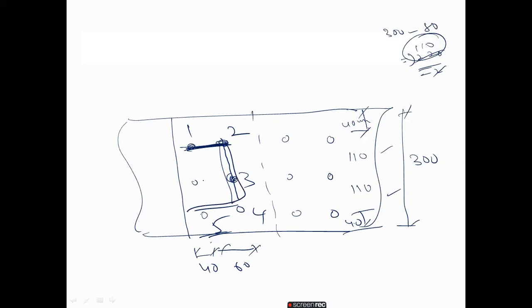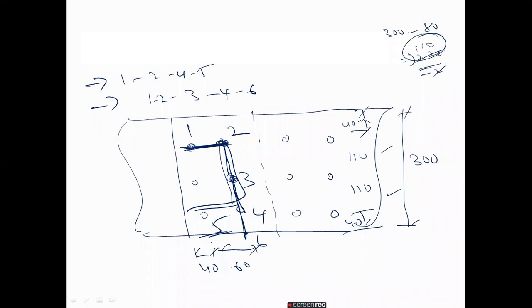So like this only it will happen. Like this, we have to take the two sections.